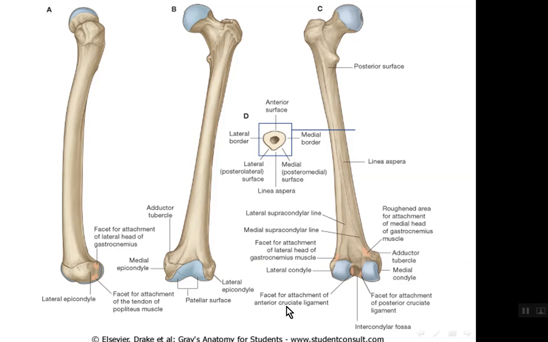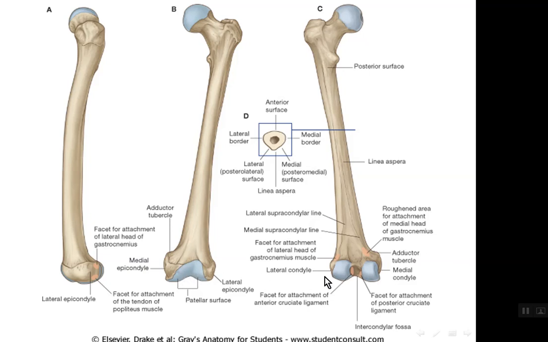It seems that the internal condyle is bigger than the external or lateral condyle, but both of them have a surface for articulation of the knee joint, as you see. Between the medial and lateral condyles, we have a fossa in the posterior aspect, and a surface in the anterior aspect.